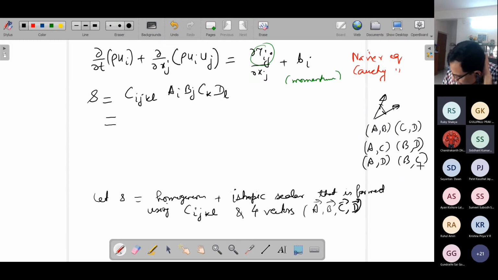So when you consider these pairwise combinations, what we want is for this angle to be preserved, and the angle is manifested by the dot product.